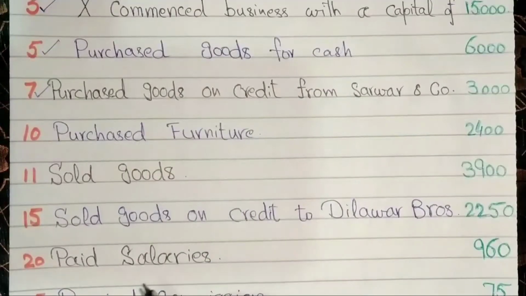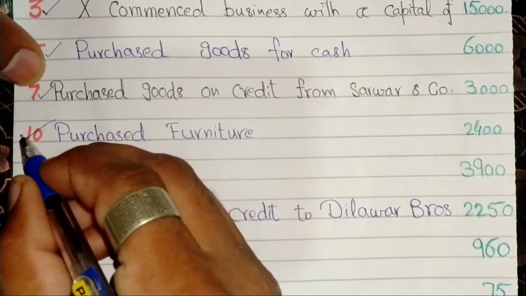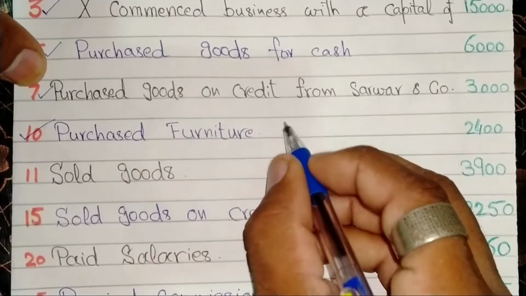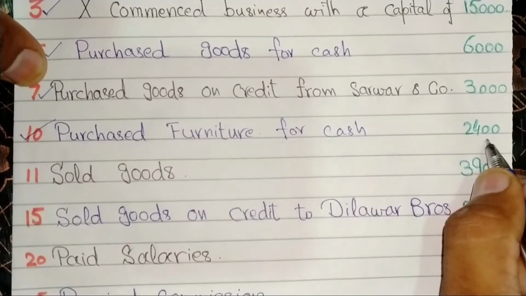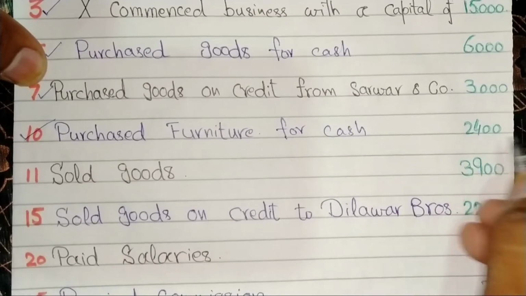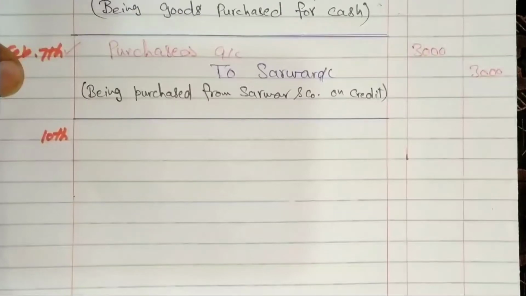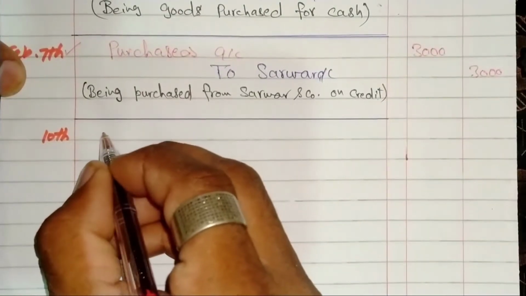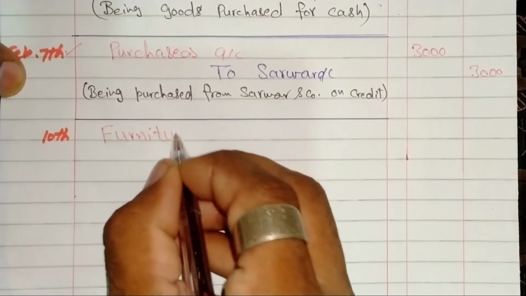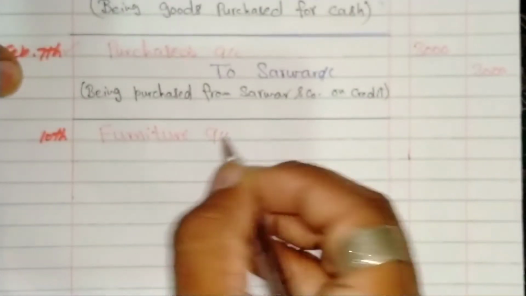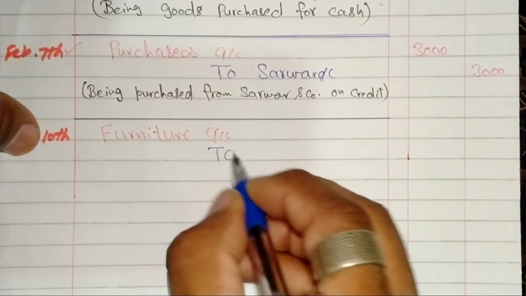The next and very simple entry is purchased furniture for cash amounted $2,400 on 10th February. Furniture account debit to cash account credit.